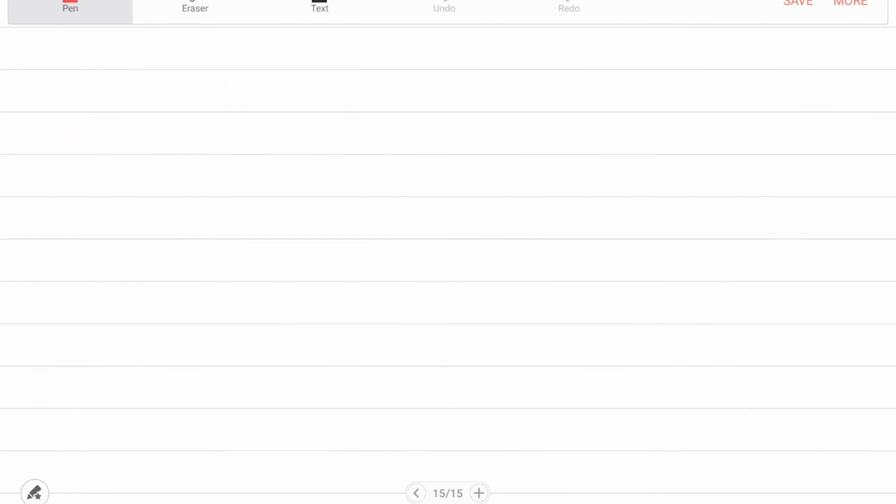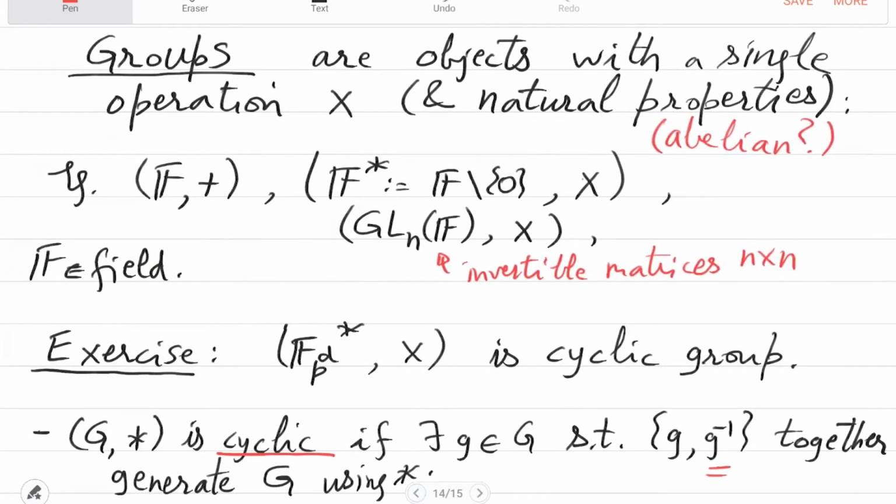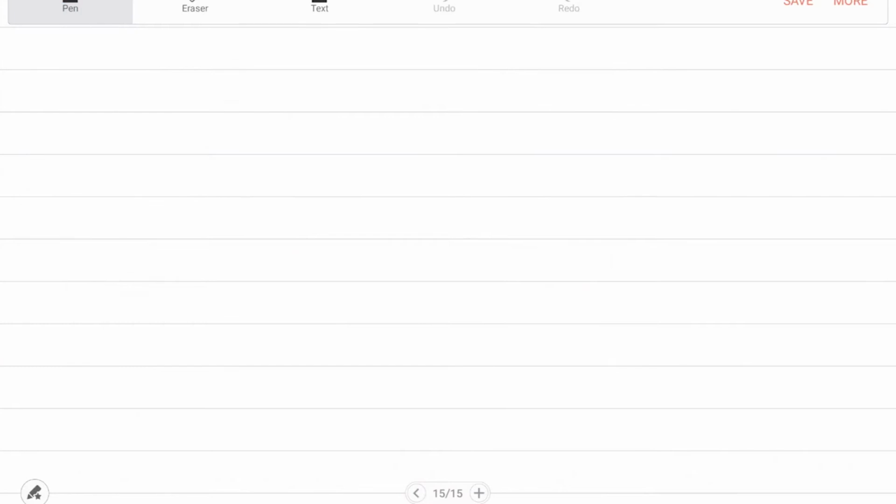G is called a generator of G. So this is called a generator. For example, integers with the addition operator, it's a group. Is it cyclic or not? Yes. So what is the generator of Z plus? If you just use 1, then you can only generate the positive numbers.